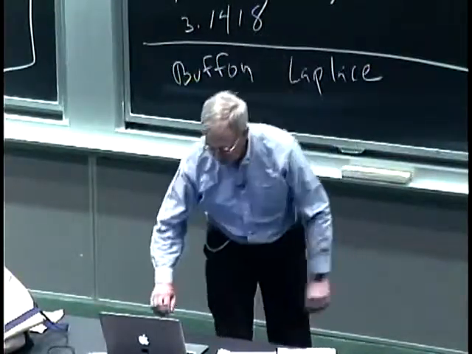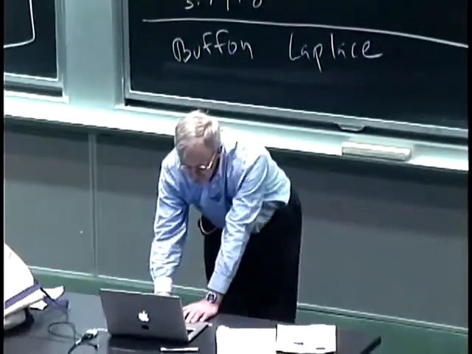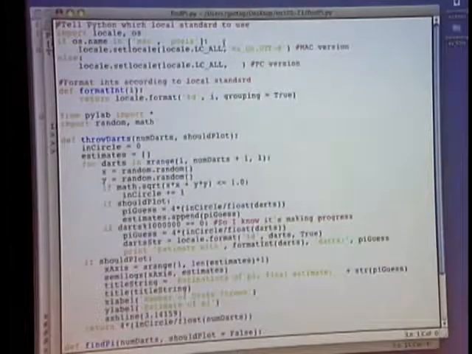So I have to have 2 versions, one for the Mac and one for the PC, to set some variables about how to write integers. And I'm saying here, do it the way you would do it in the United States in English. And UTF-8 is just an extended character code. Anyway, you don't need to learn anything about this magic, but it's just a handy little way to make the numbers easier to read.